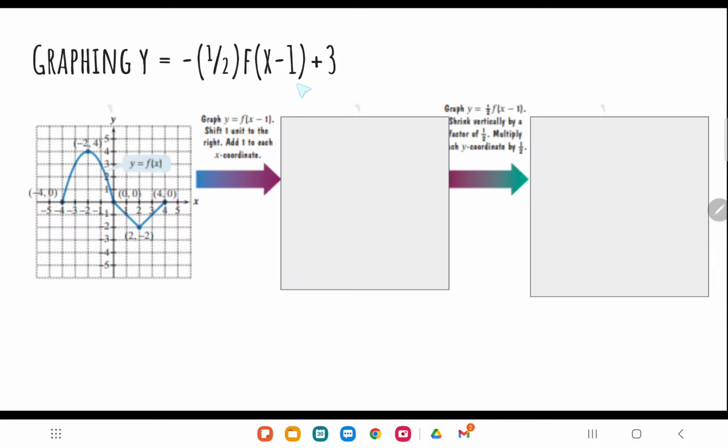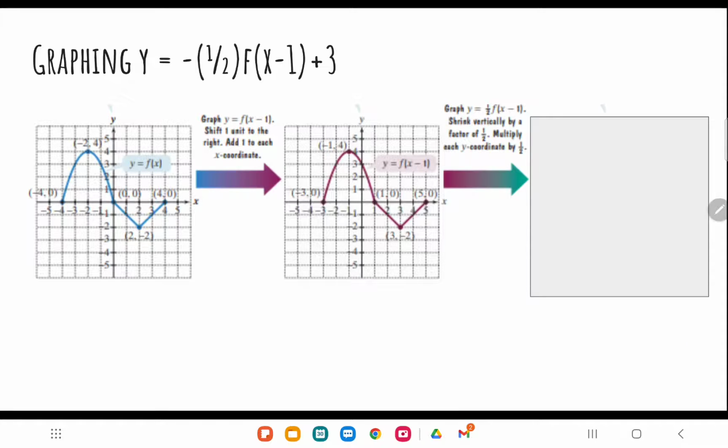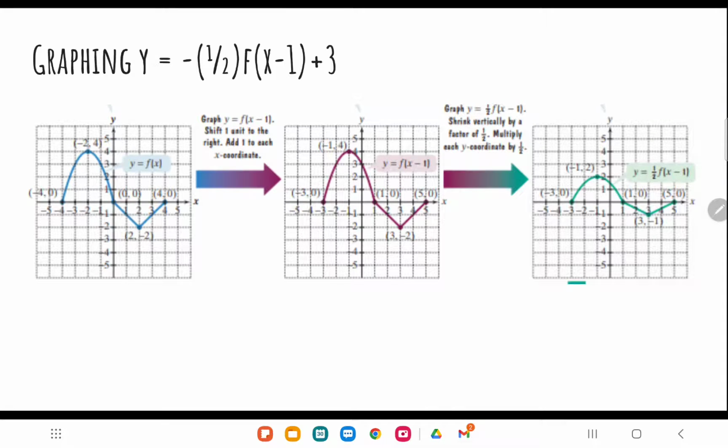We shift the entire graph 1 unit to the right, adding 1 to each x coordinate. Next, we'll move outside and multiply, shrinking vertically by a factor of 1/2. We'll multiply each y coordinate by 1/2. So now we've changed both the domain and the range of this function. Domain is now -3 to +5, and range is -1 to +2.